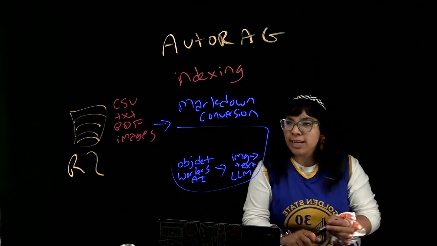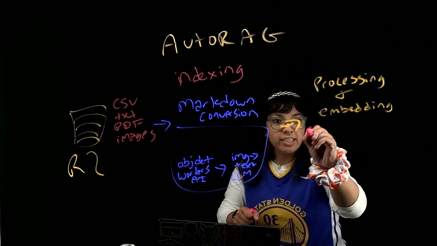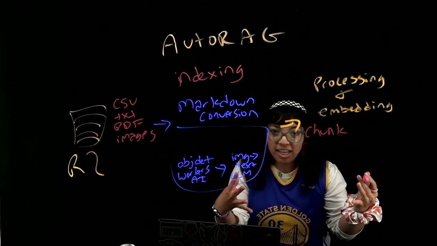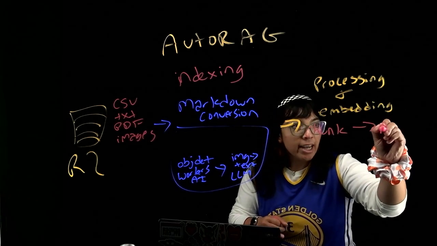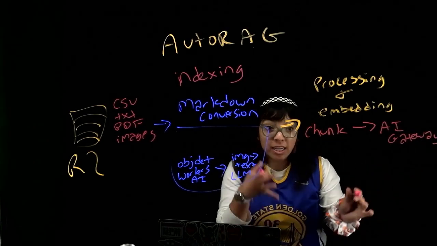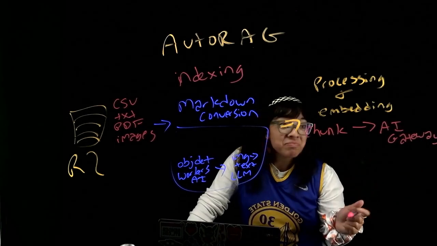Okay. For markdown conversion, we then perform processing and embedding. Our data is chunked, where it's split into smaller pieces that are easier for the LLM to digest. And from chunking, we send that chunked text to AI Gateway, so we can perform LLM observability on our LLM applications and the output and the input.